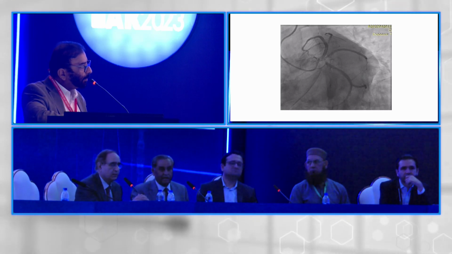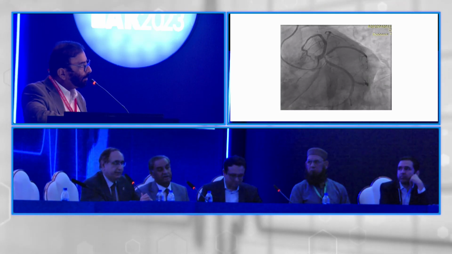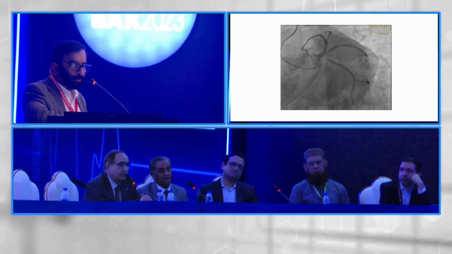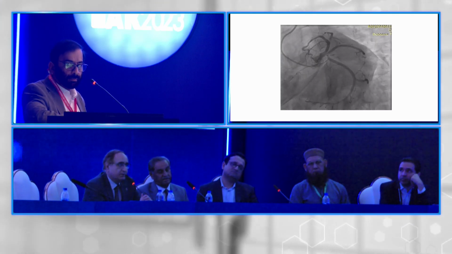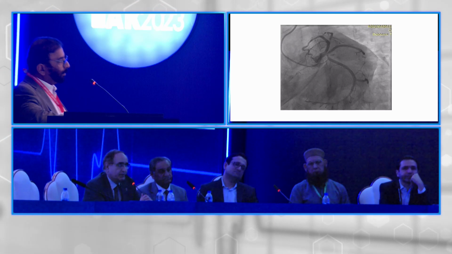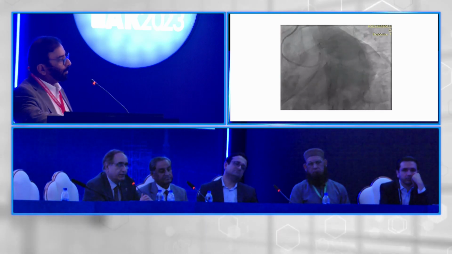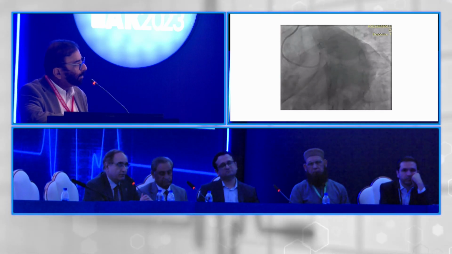Dr. Babar? Yes, I partially agree with Dr. Asad Akbar, but what I will do is put 3 wires in all of the 3 vessels, because it doesn't look like a simple case, it looks like a complex case.